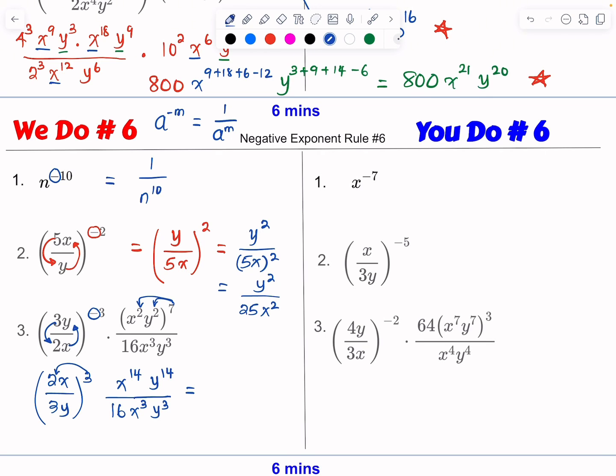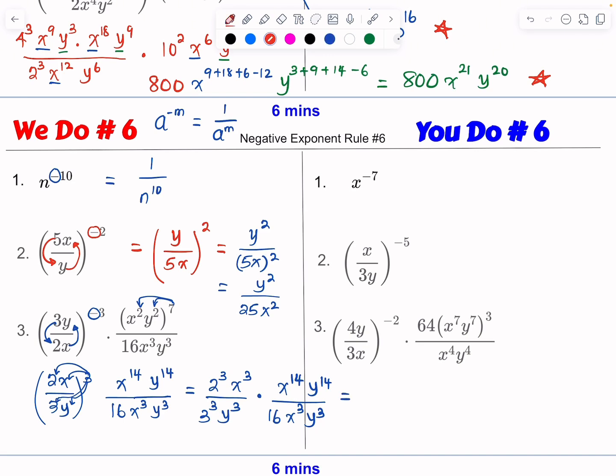So this one is 2 to the power of 3, x to the power of 3. And then I'm going to do the same thing right here too. So I have 3 to the power of 3, y to the power of 3, multiplied by x to the power of 14, y to the power of 14, divided by 16, x to the power of 3, y to the power of 3. And now let's simplify.